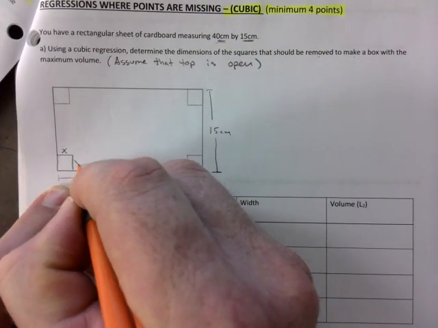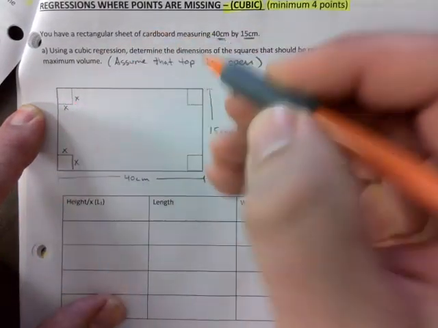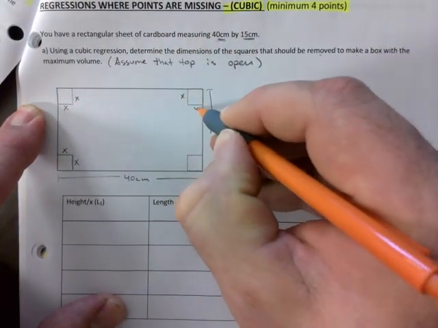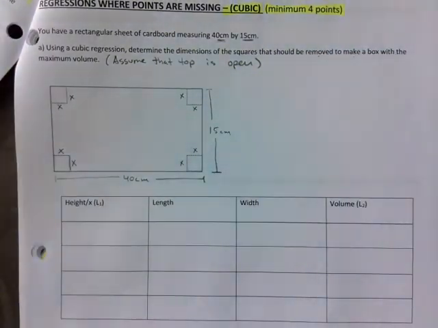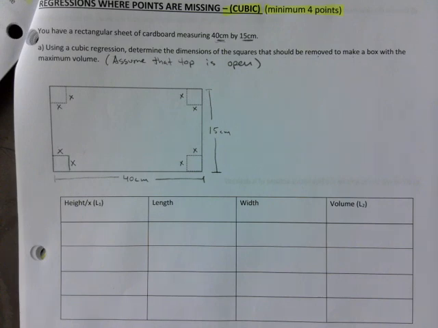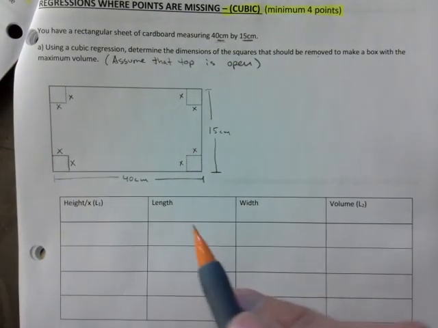The height of the box is x. So everywhere you go, all around this, we're always assuming we're cutting out the same amount on each corner of this sheet of plywood.